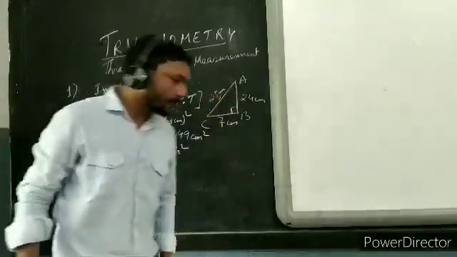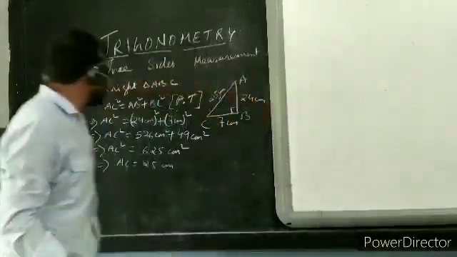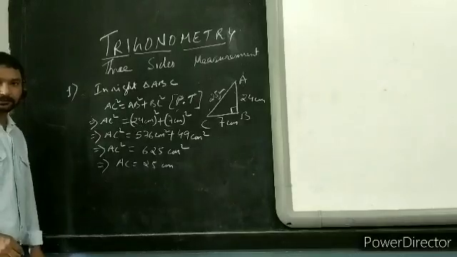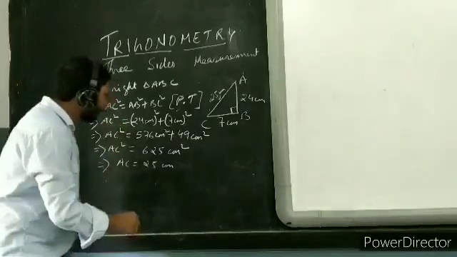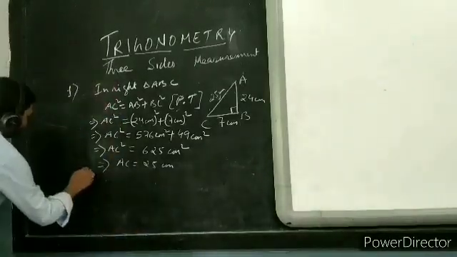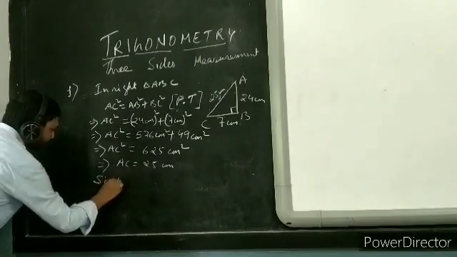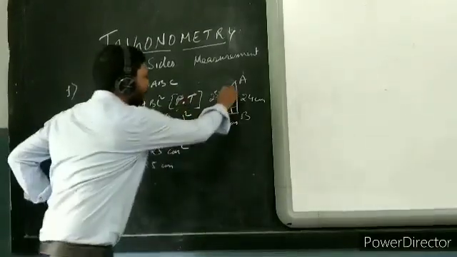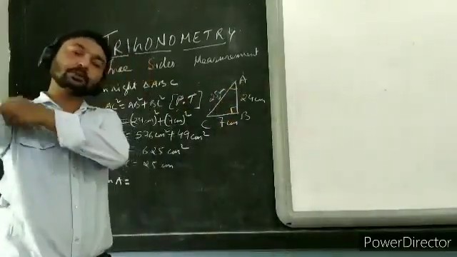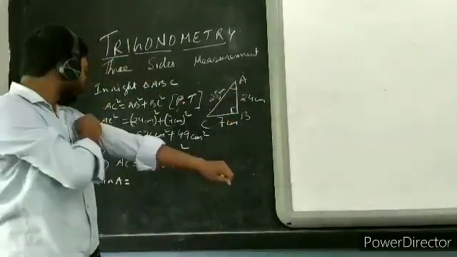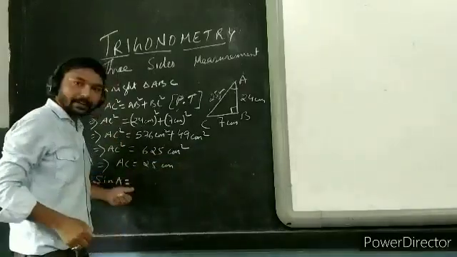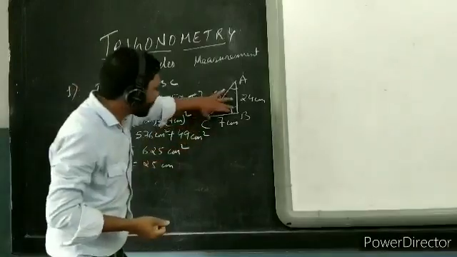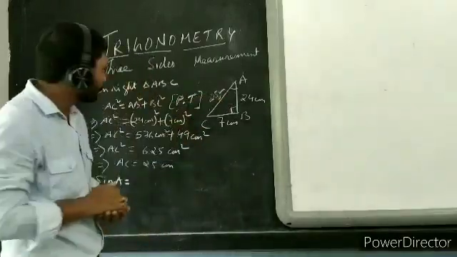Now the question is asking, first of all we go to the first question. The question is asking sin A. Sin A is what? P by L. Now A is here. Now you tell me which one is going to be perpendicular? I am not going to write P by L here. When you are doing questions, you use the name of the side, and it will be more clear for you.